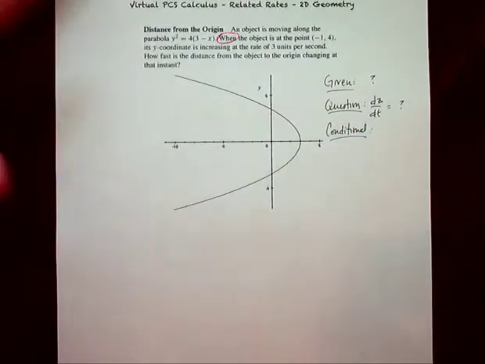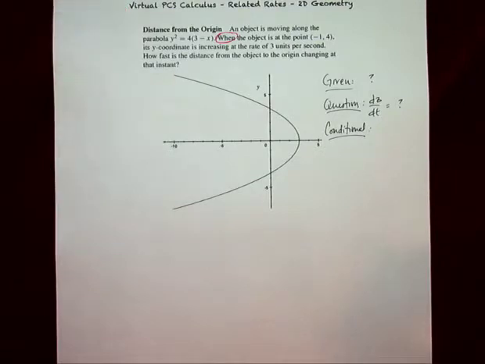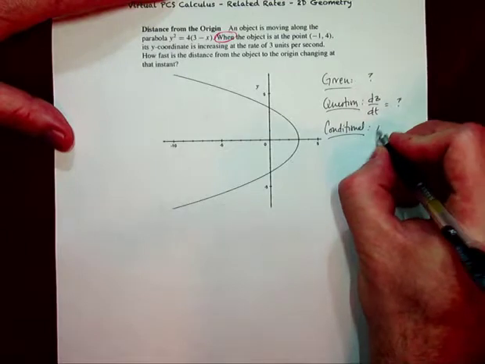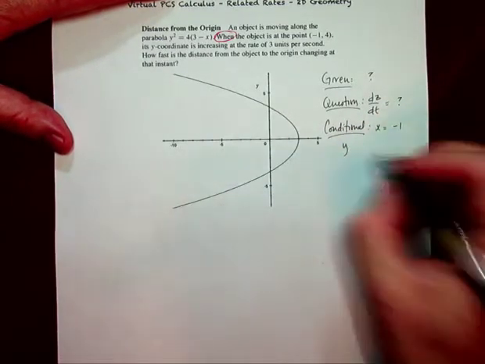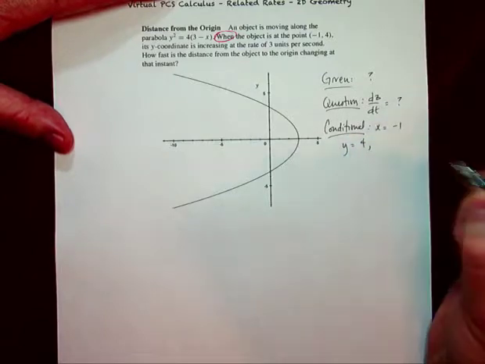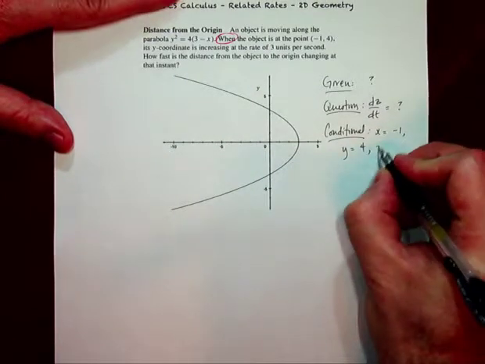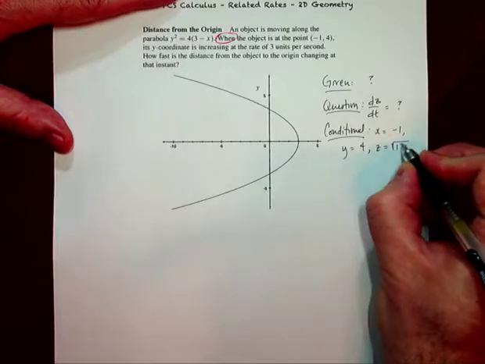And remember, like we did in the previous one, the distance formula is just Pythagorean Theorem in disguise. So if your conditional is x is equal to -1 and y is equal to 4, and z is the hypotenuse of those two, then z has to be root 17.